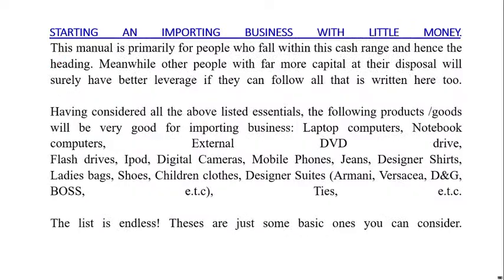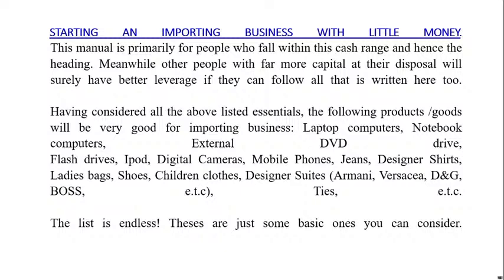Starting an import business with little money. I'm going to be showing you how you can buy little, essential things, sought-after products that people would actually want to have, like flash drives. If you're a student or you know people in the tech industry, they need flash drives.